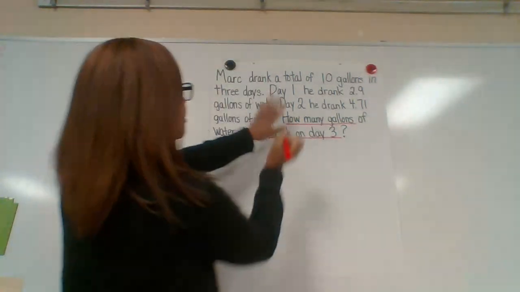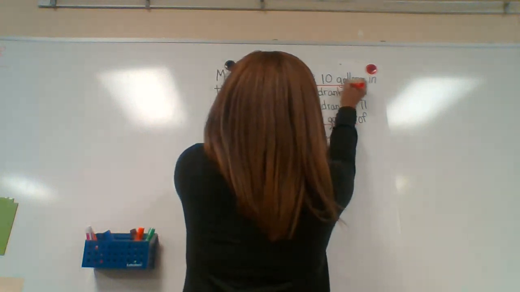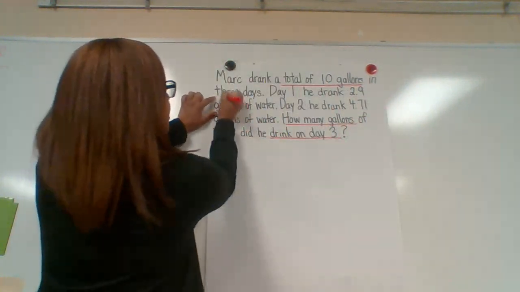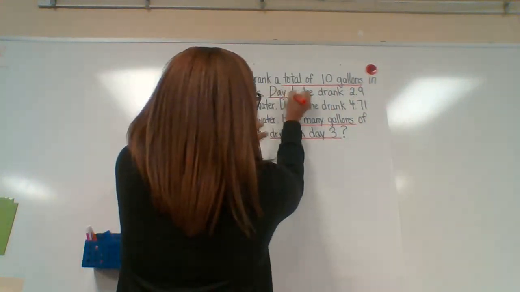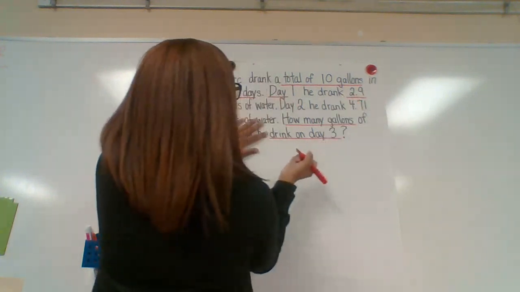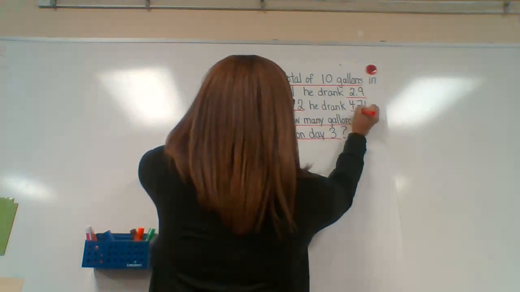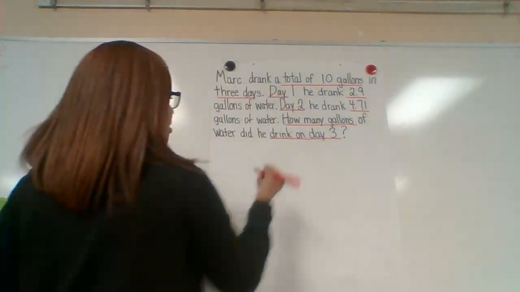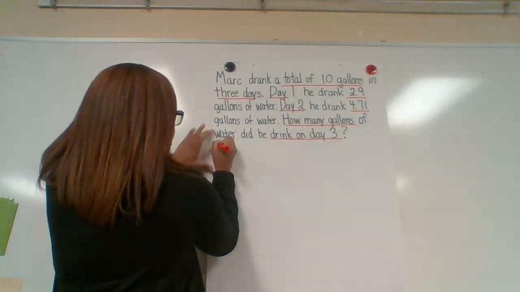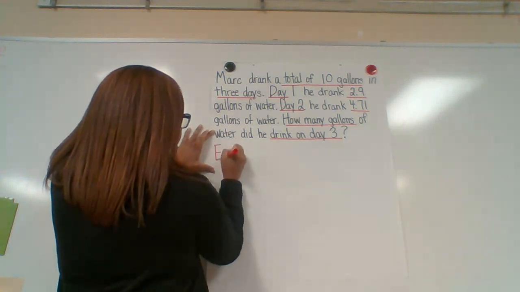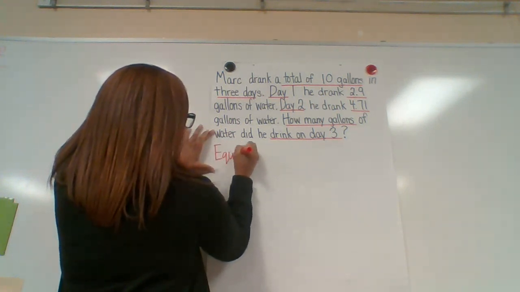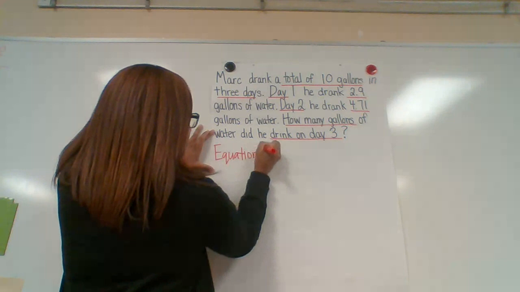So if I go back and read the problem again, I have a total of 10 gallons. And I know he did that in 3 days. So it tells me day one, 2 9/10. It tells me day two, 4 7/100. And I'm looking for day three. So I'm going to write the equation that represents this problem.